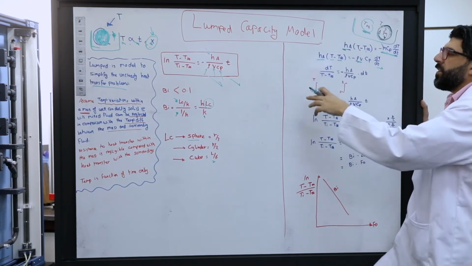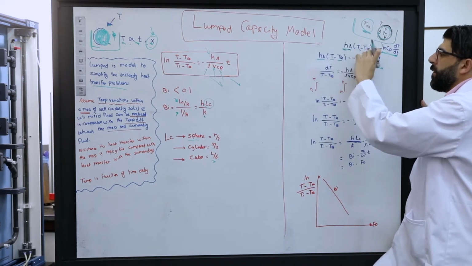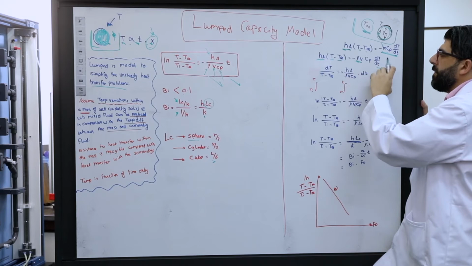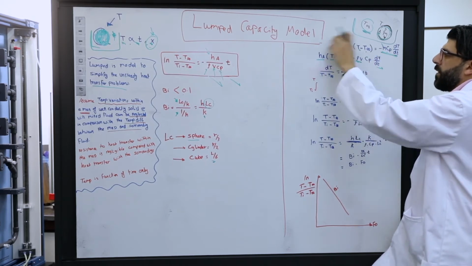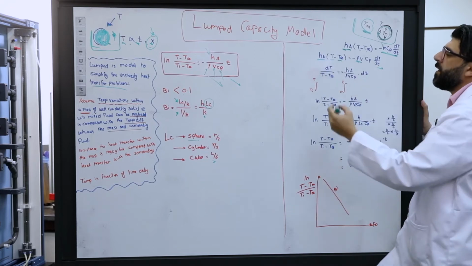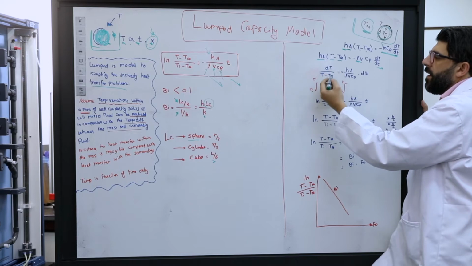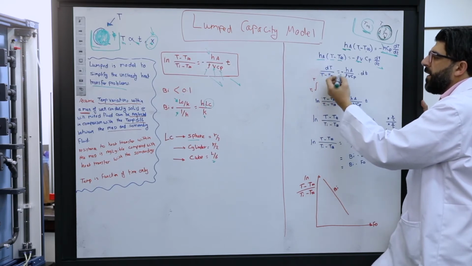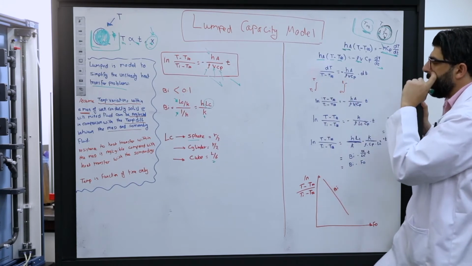In order to integrate this equation, we take the temperature to one side and the time to the other, so it will be dT over (T minus T infinity) equals minus hA over rho V Cp dt.